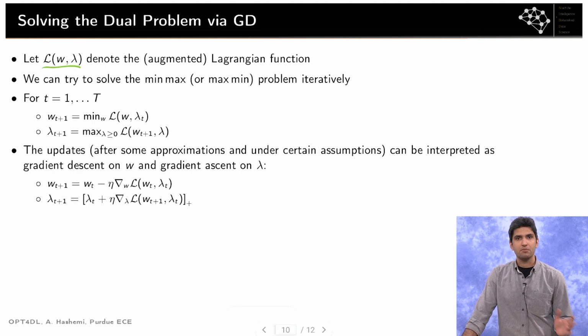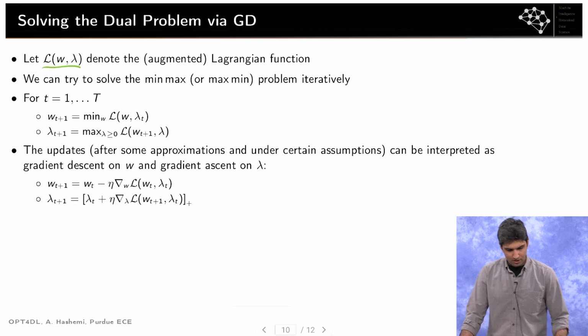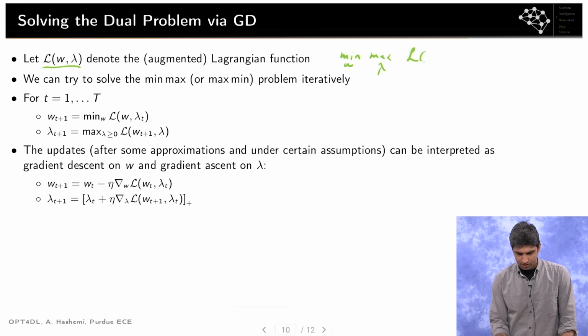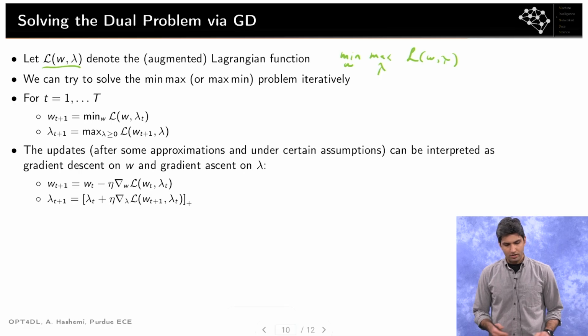Okay, and that has some benefits in terms of numerical stability and also the speed of convergence of our iterative methods. Nonetheless, let L be the Lagrangian function, and note that what we were interested in was to minimize with respect to W and maximize with respect to lambda of this Lagrangian. Okay, and we can do so iteratively.